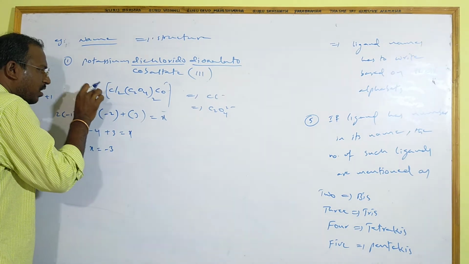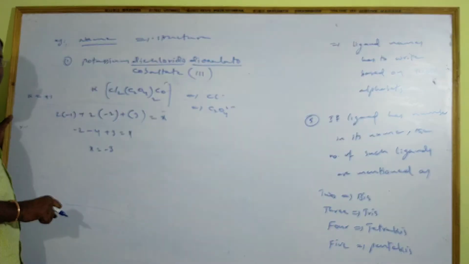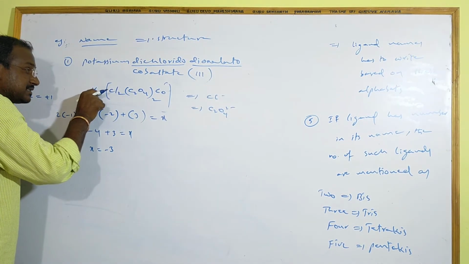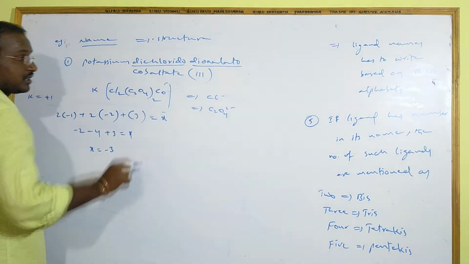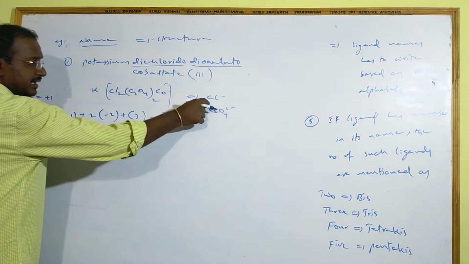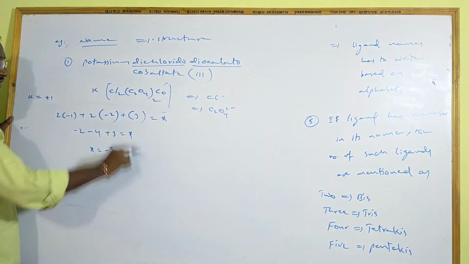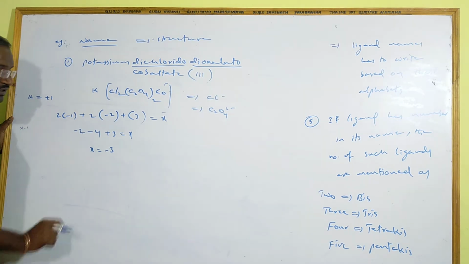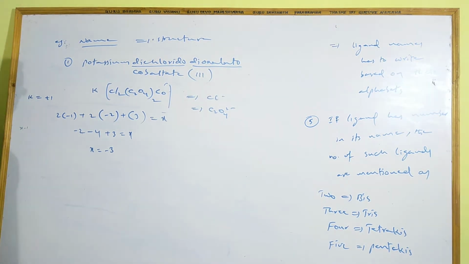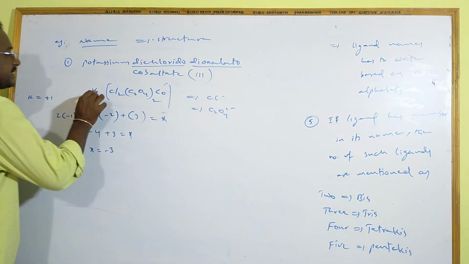So how many K's are there here? The number of K's depends upon the charge of this ion. So first you have to calculate the charge. What are the ligands? These are the ligands. How do you calculate charge? This is the procedure to calculate the charge. I got minus 3. So K3.